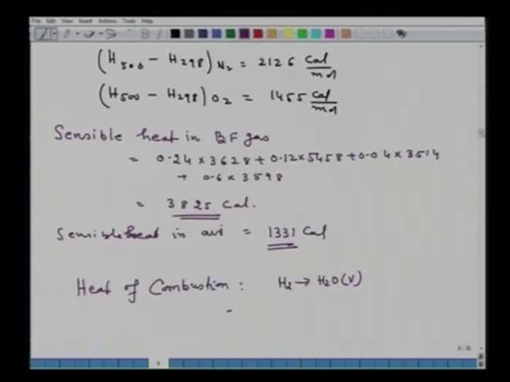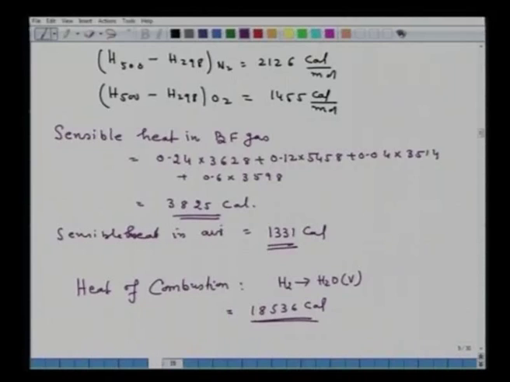So, accordingly, I will select the heat of formation of H2O, and heat of formation from CO to CO2, and if I calculate the heat of combustion, then heat of combustion will be equal to 18536 calorie. This you can calculate.